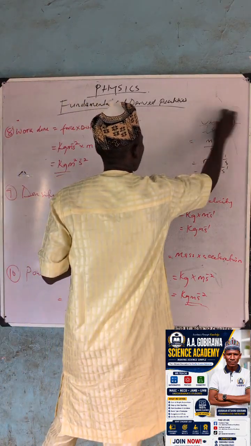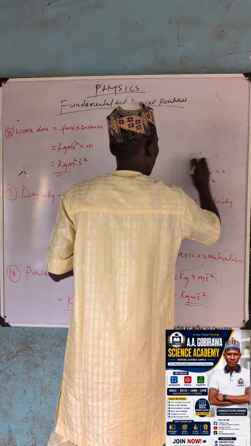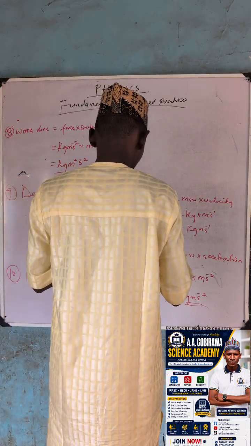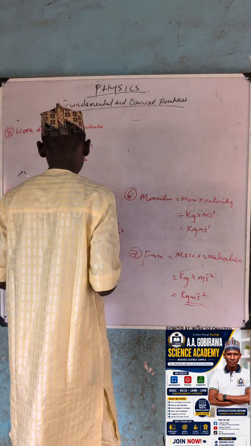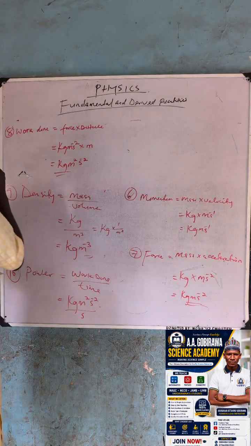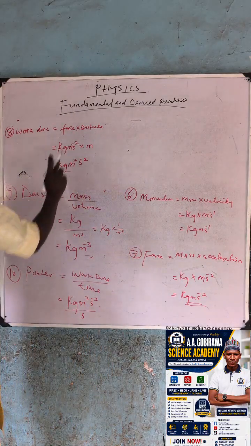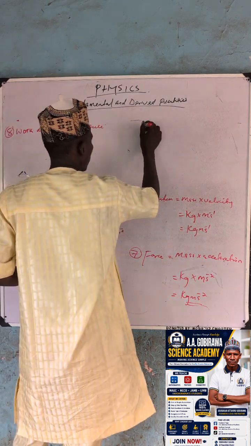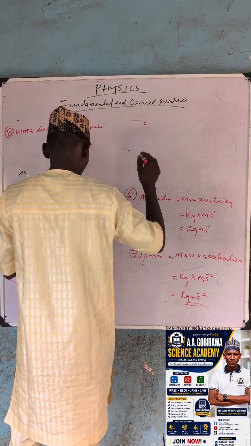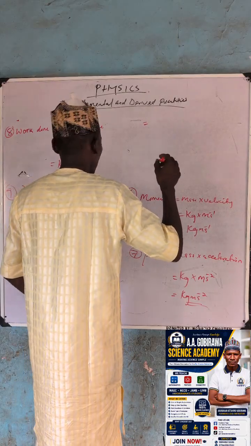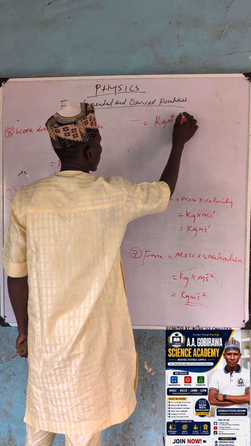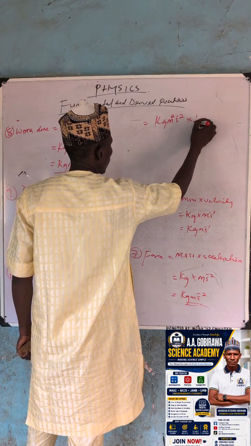Then power is work done all over time. We know our work done is kilogram meter square per second square, then per second is equal to kilogram meter square per second square times 1 all over second.